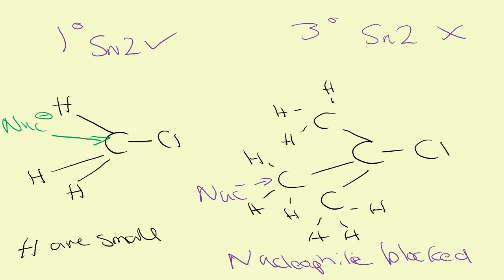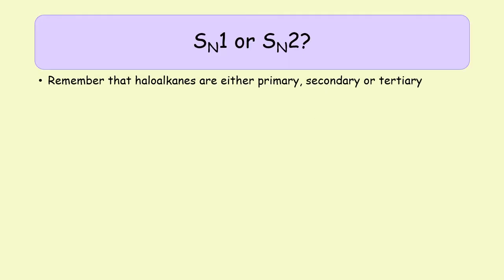Secondary haloalkanes, it's going to be hard to predict just by looking at the molecule which mechanism it's likely to do. And for a secondary alcohol, it's likely that you would be given rate information to come to a conclusion.